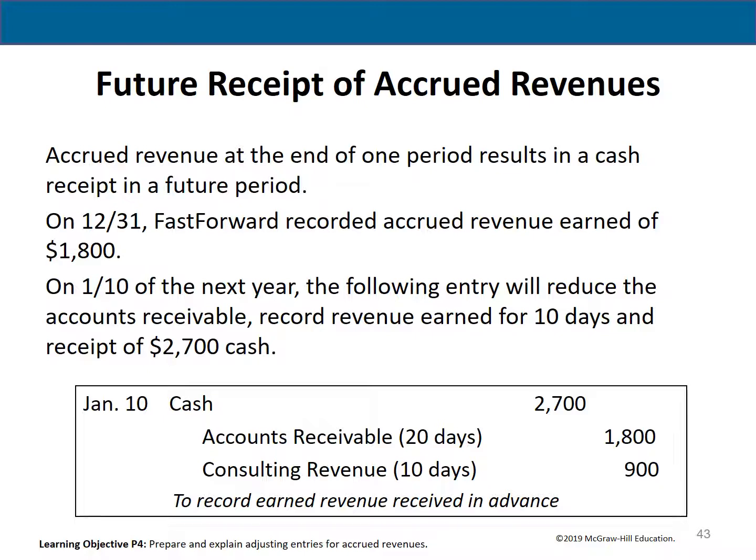So we're going to credit accounts receivable for $1,800 of it. The other $900 that was earned from January 1 through January 10th is consulting revenue. That part can be called revenue because it was earned during January.